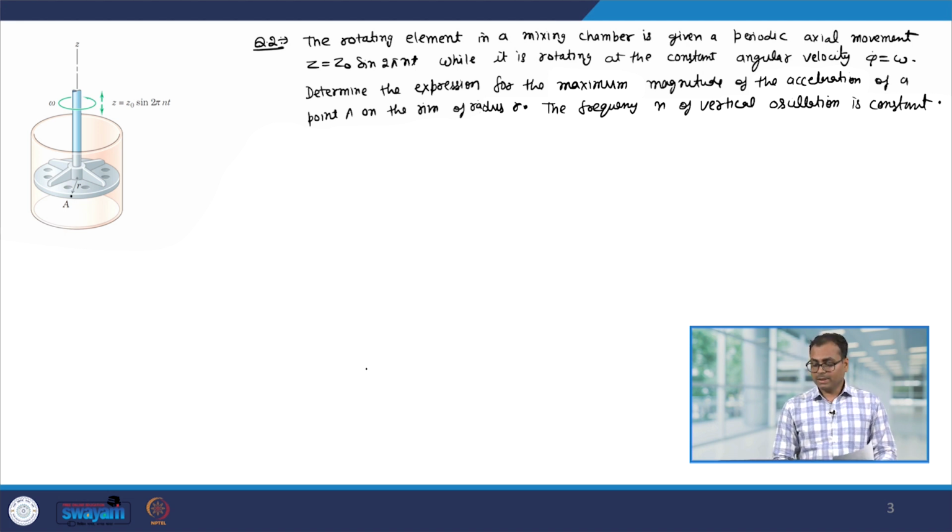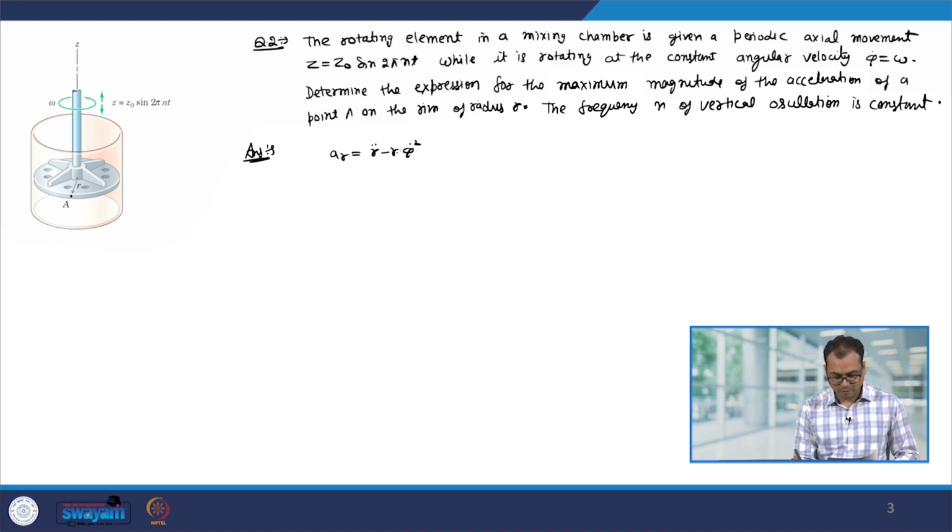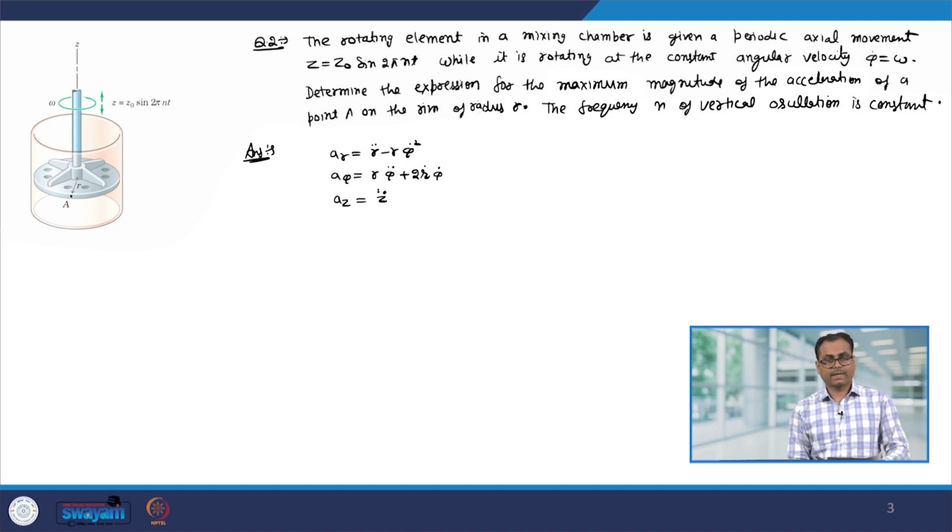In this question, you can see that because of the cylindrical symmetry, the preferred coordinate choice is the cylindrical coordinate, and in cylindrical coordinates, the accelerations along the r, phi and z directions are given as a r equal to r double dot minus r phi dot square, a phi equal to r phi double dot plus 2 r dot phi dot, and a z equal to z double dot. Now, we have been given a relation between z and t.